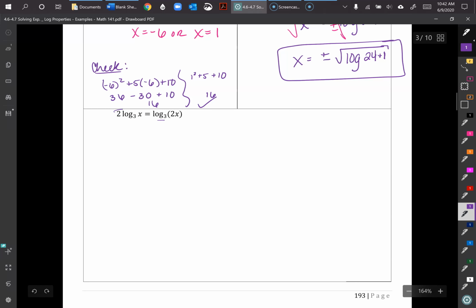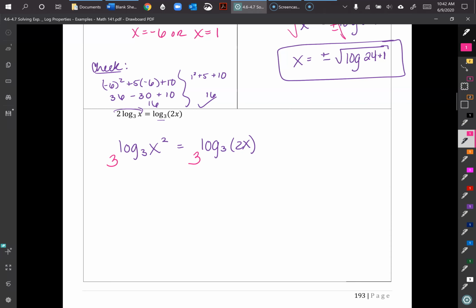So we're going to use our property and rewrite this as log base 3 of x squared equals log base 3 of 2x. Then we can exponentiate, have a base of 3, and those will undo each other there.